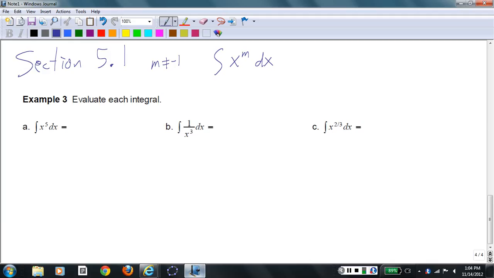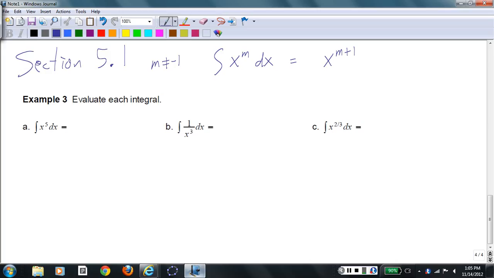But if m is not equal to -1, what we would do, talked about this last time, if we're taking the derivative, we would first multiply by m, and then subtract 1 from the exponent. We've got to reverse those operations in reverse order. The opposite of subtracting 1 from the exponent is adding 1 to the exponent.